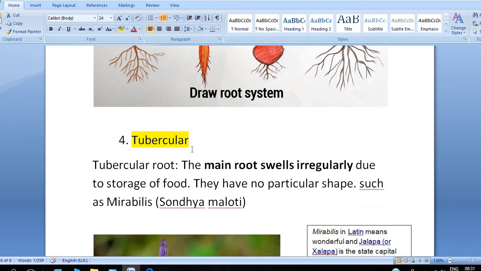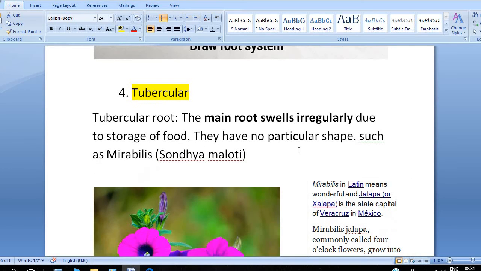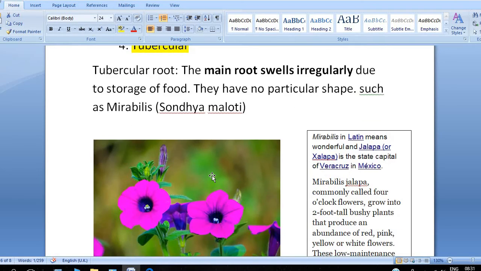The last type is the tubercular root. The main root swells irregularly due to storage of food. They have no particular shape, such as Mirabilis and Shandamaloti.